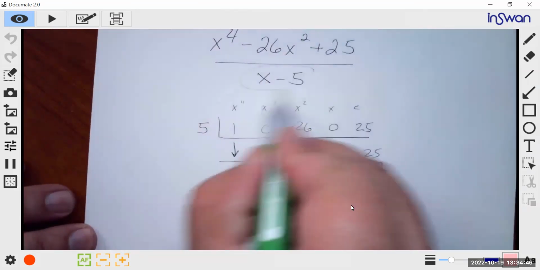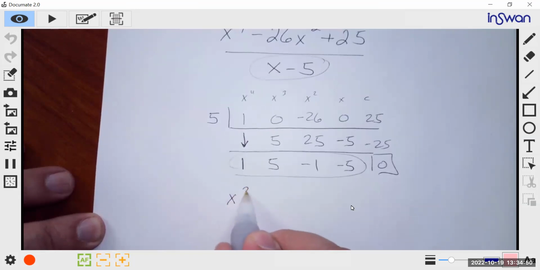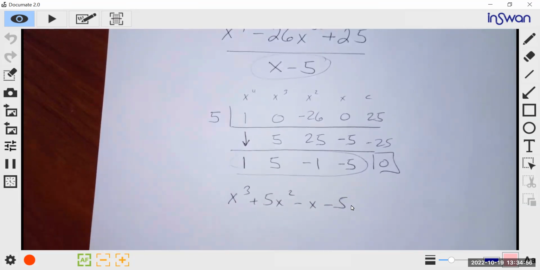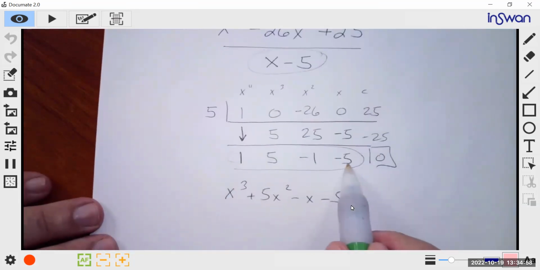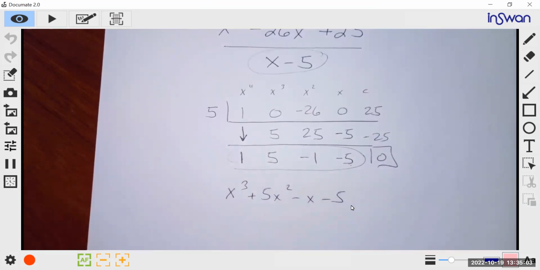So this is a factor. And what's left that we have to look at is x cubed plus 5x squared minus x minus 5. Because those are your coefficients, your constant, your x squared, your x cubed. And we go from there.